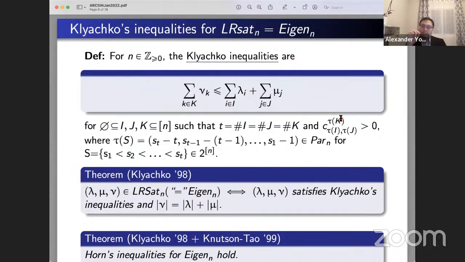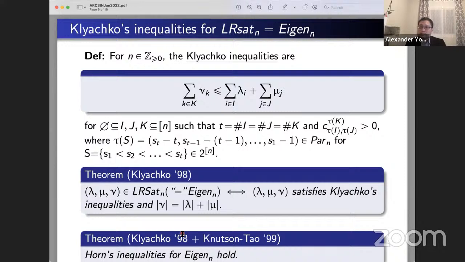His statement is only within Hermitian matrices, with no mention of Littlewood-Richardson coefficients. What Klyachko proved is that LR sat is the same as the eigencone. What Knutson and Tao prove is that LR sat is the same as LR. So, by a trivial induction, you can replace this with a smaller Hermitian matrix problem. That's why Knutson and Tao, combined with Klyachko, prove this older list of inequalities due to Horn. And that's the history.